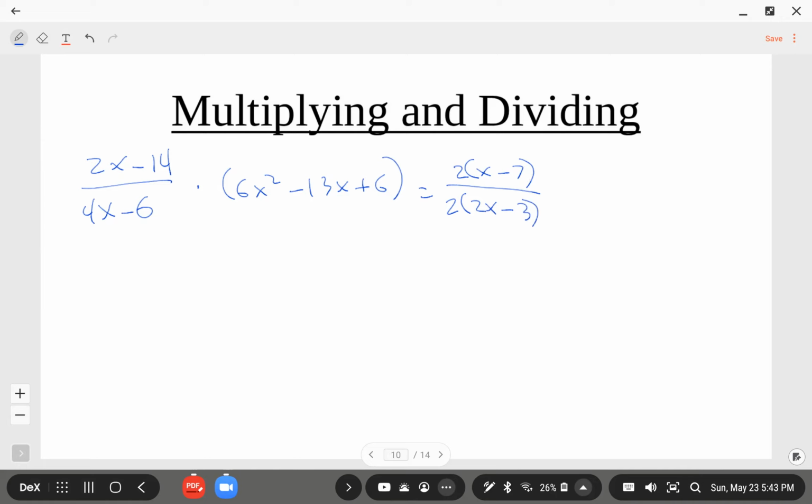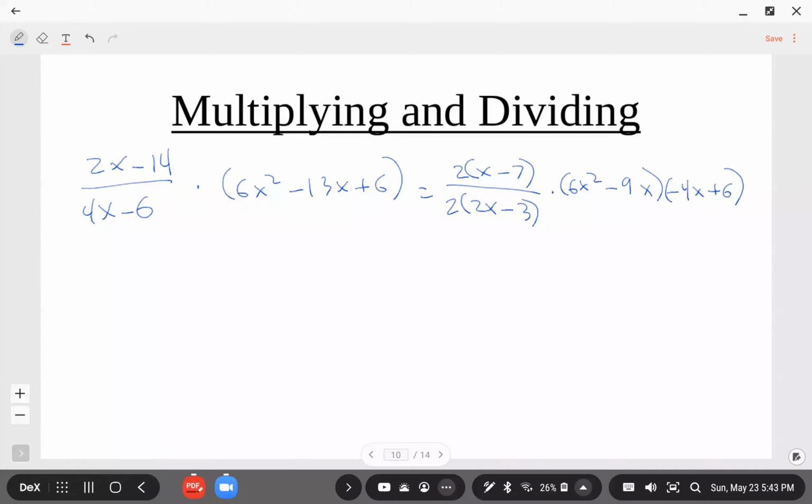Now we factor this by grouping. 6 times 6, which two numbers multiply to 36 and also add up to -13? These two numbers are -9 and -4. So we have 6x squared minus 9x minus 4x plus 6.